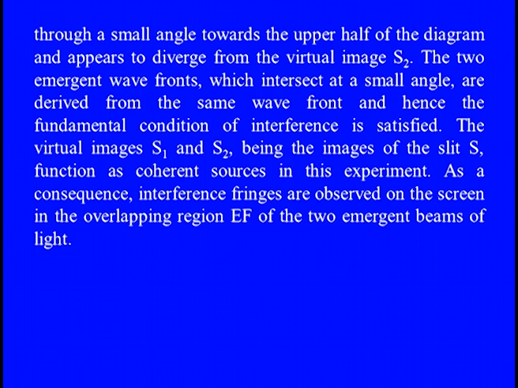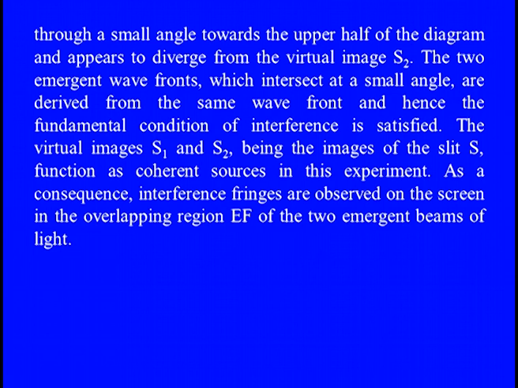The two emergent wave fronts which intersect at a small angle are derived from the same wave front and hence the fundamental condition of interference is satisfied. The virtual images S1 and S2, being the images of the slit S, function as coherent sources in this experiment.